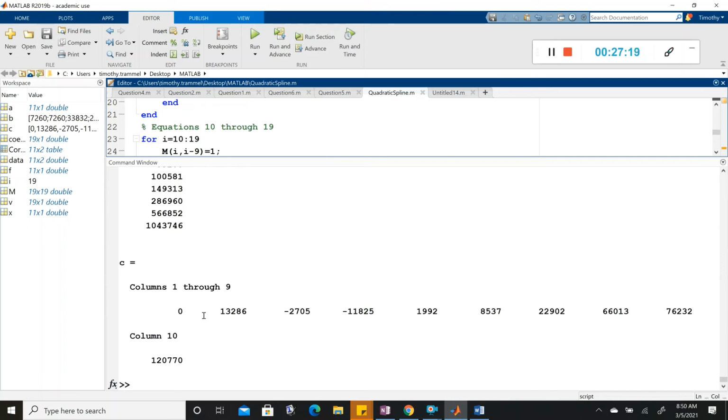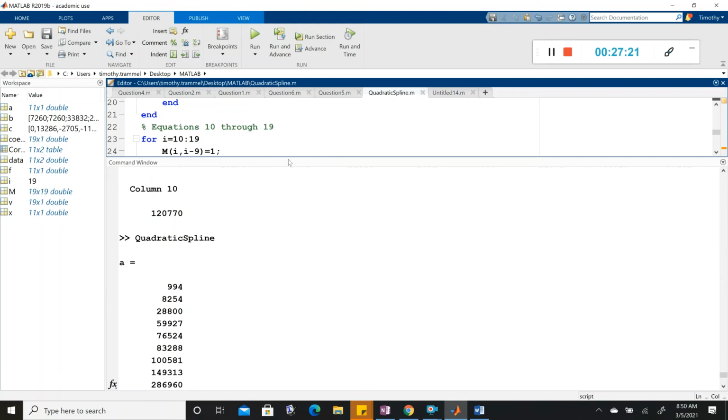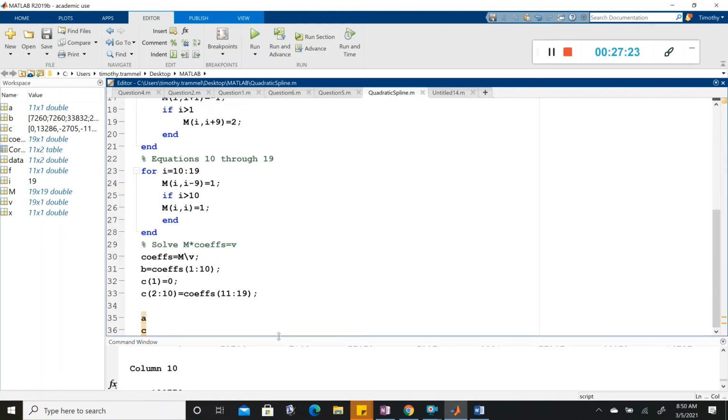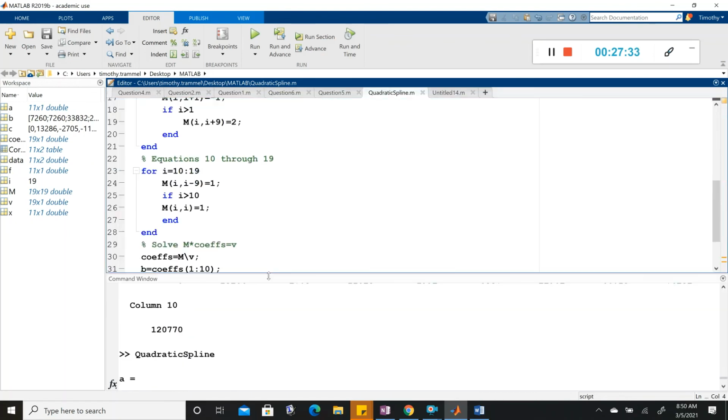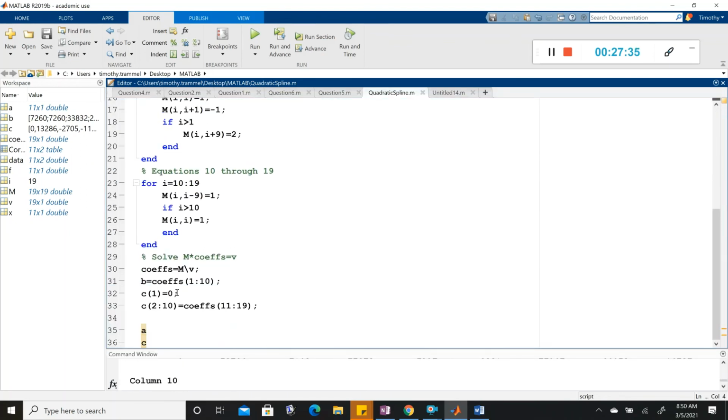And I don't like that one of these is a row and one of these is a column vector. Let's see if we can fix that here. So which one of these came out to be a row? Oh, it was C. So I'm going to say comma 1, and that should make that into a column vector.